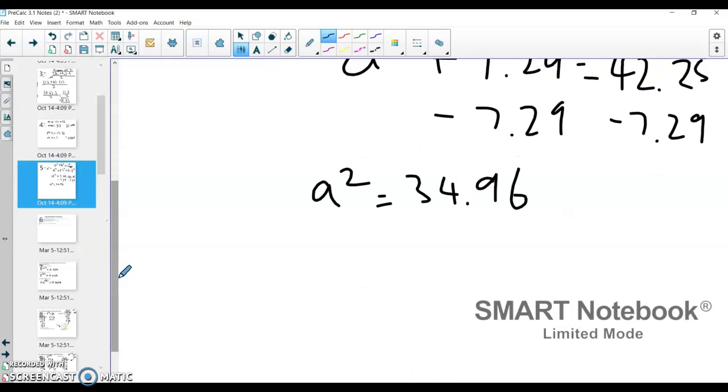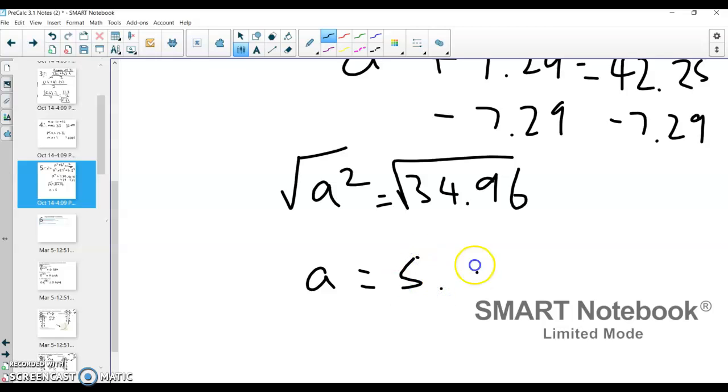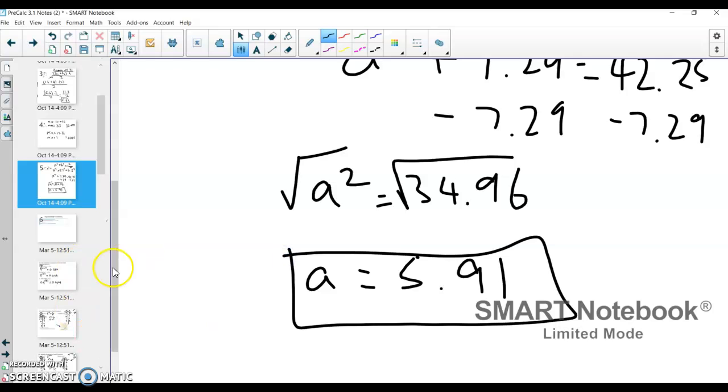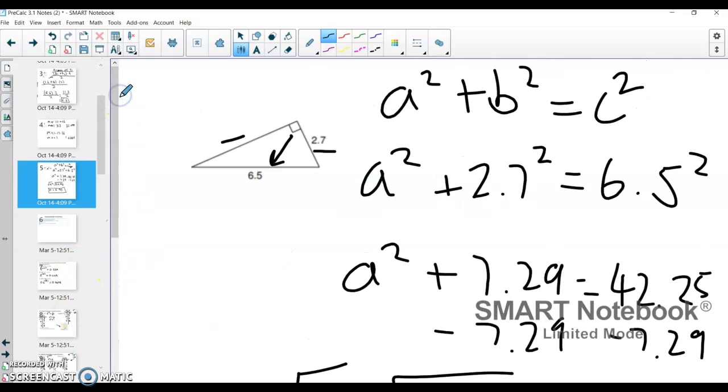Now again, I want a by itself. I have a squared right now. I don't want a squared, I just want a. So I have to square root both sides to get rid of that. Square rooting a squared gives me a, which I want. And then I have the square root of 34.96, which gives me 5.91 after I round it. And that is an example of the Pythagorean theorem solving for this missing side right here.